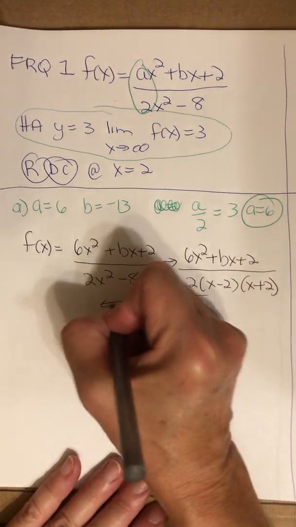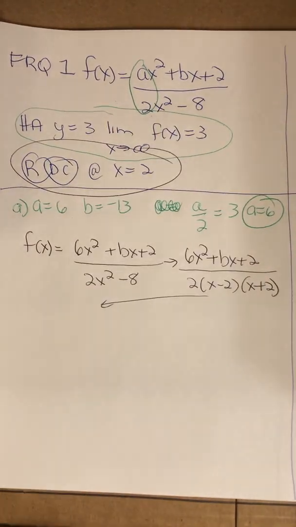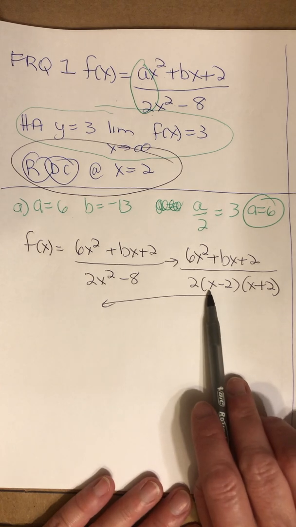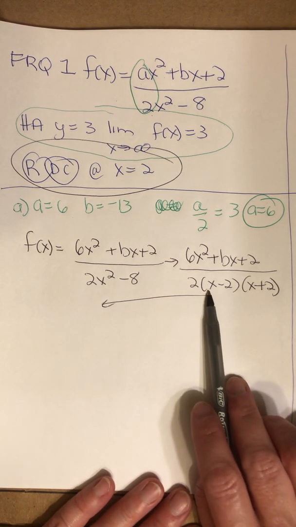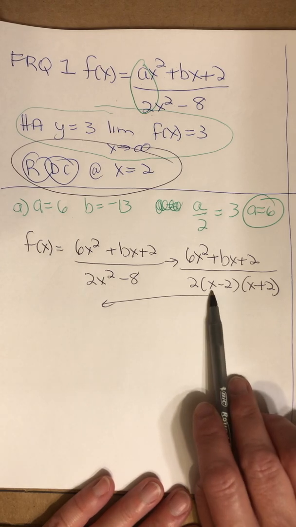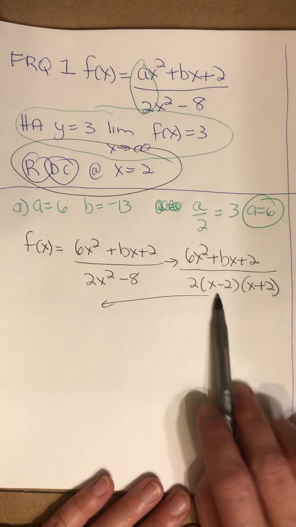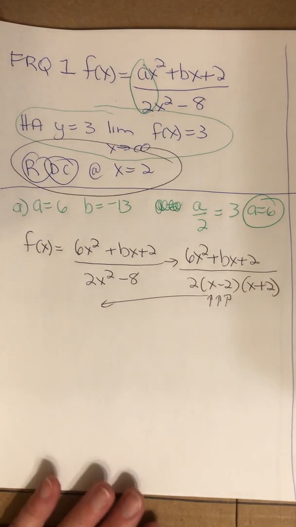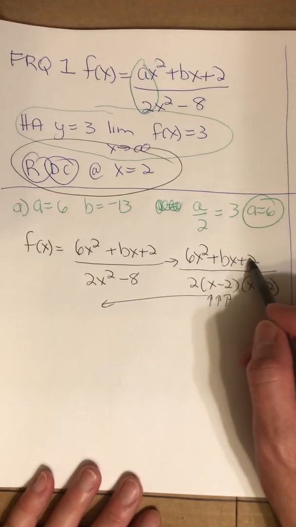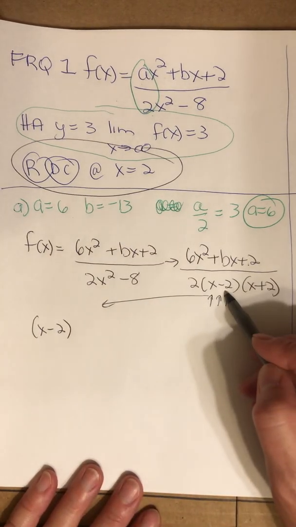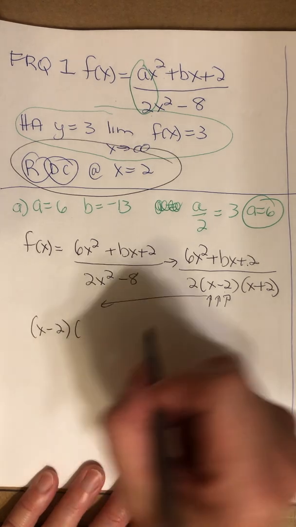Now, notice what I'm going to use is that there's a removable discontinuity at x equals 2. Notice right here in the denominator, if I try to put a 2 into x minus 2, I get a 0 in the denominator. But they're saying that this factor, x minus 2, is removable. That means x minus 2 must be in the numerator, so it cancels out the x minus 2 in the denominator.